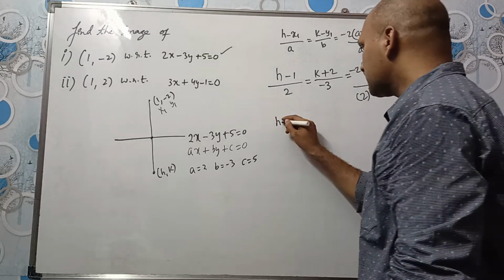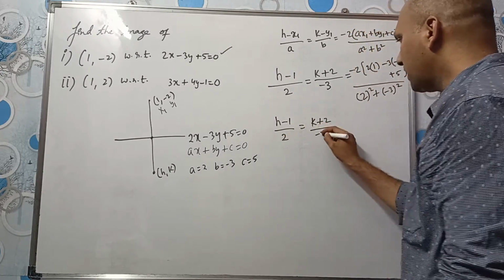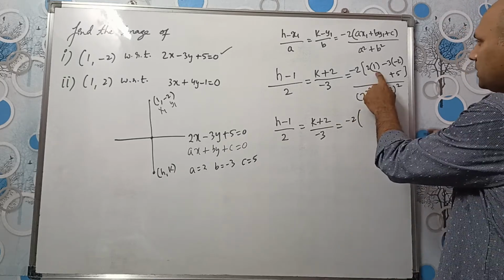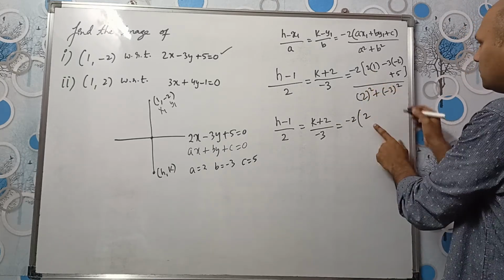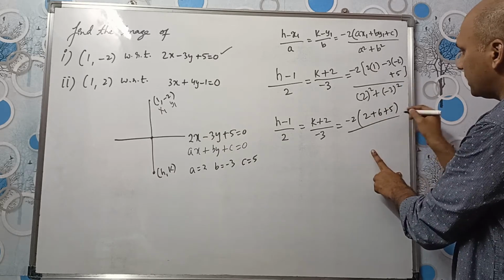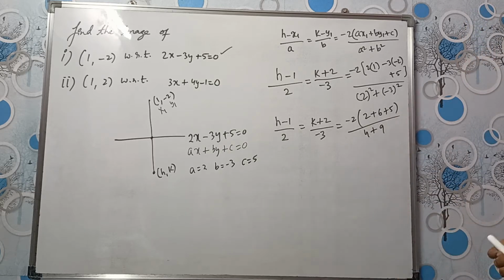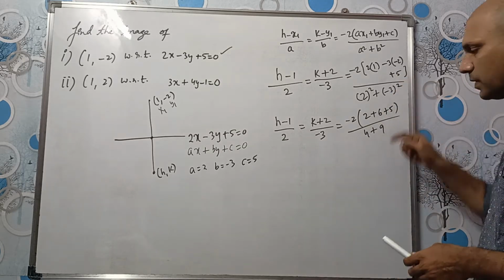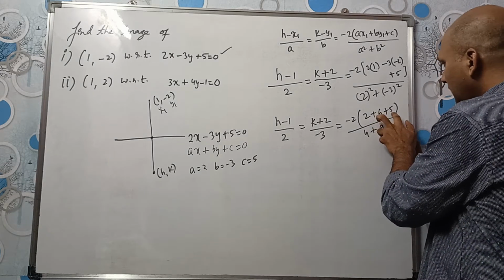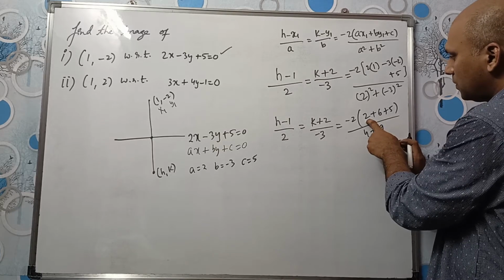Okay, so this is h minus 1 by 2 equal to k plus 2 divided by minus 3 is equal to minus 2 multiplied by, 2 ones are 2, plus 3 2s are 6, plus 5, divided by 4 plus 9. Okay, 2 square is 4, minus 3 whole square is plus 9. Okay, so this will be 5 and 6, 11, 11 plus 2, 13.